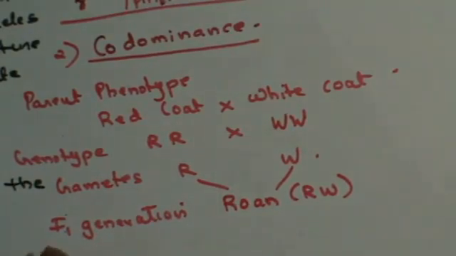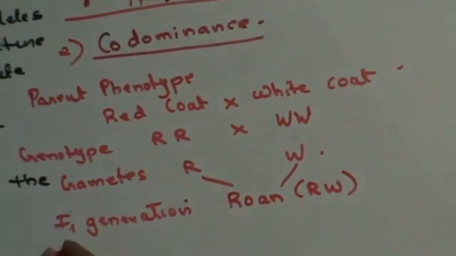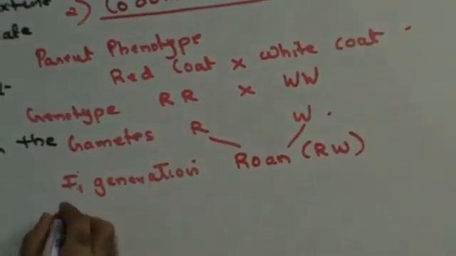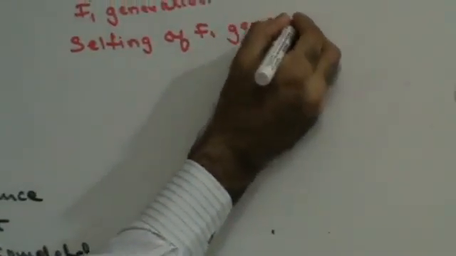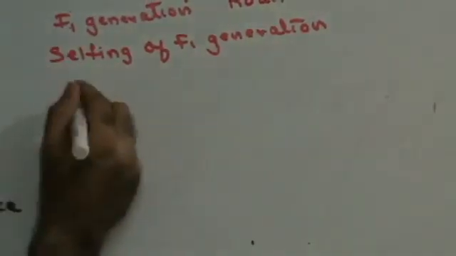Now if I do selfing of the F1 generation, male and female, you would have R and W as the gametes.